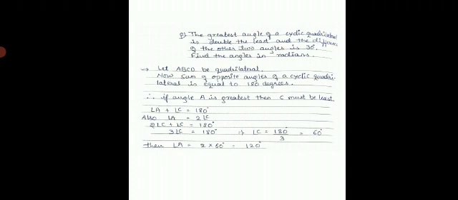Now we found two angles, that is angle A and its opposite angle, angle C. Now the remaining angles, what is given? The clue in the question: the difference of the other two angles is 30 degree. That means angle B minus angle D is equal to 30 degree.